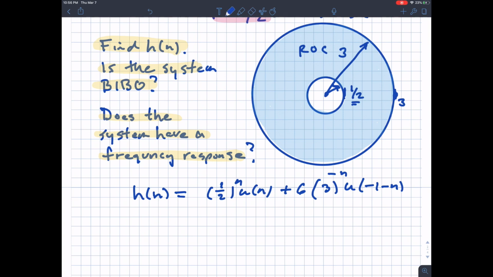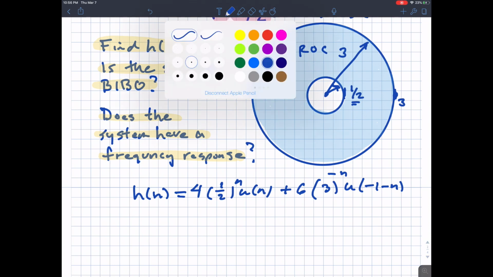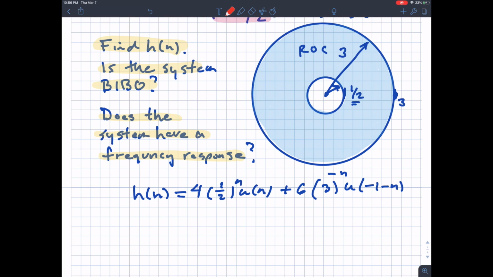Okay, the system is BIBO because if I drew in the unit circle, all right, so I'll try to do that. Here's the unit circle, it's supposed to be radius 1.